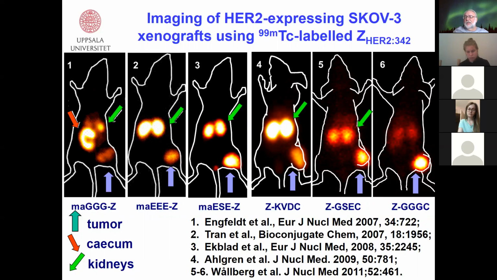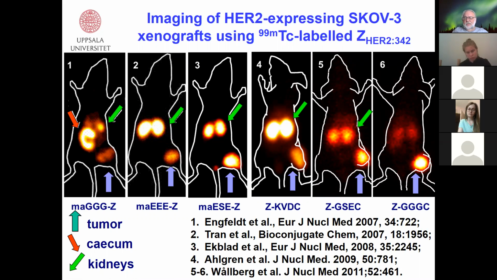And I really love this slide because it shows how magic labeling chemistry can be. 58 amino acids in this protein are exactly the same. The difference is in 3 amino acids, maximum differences. But suddenly, instead of essentially non-functional imaging probe, you get very, very decent imaging probe.